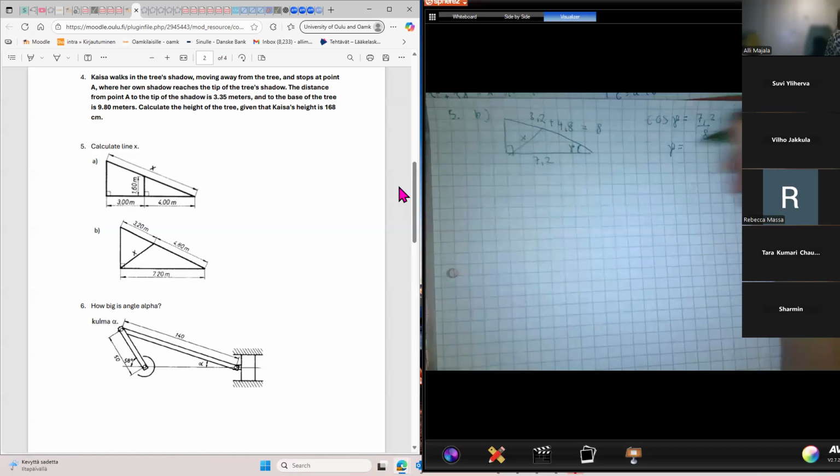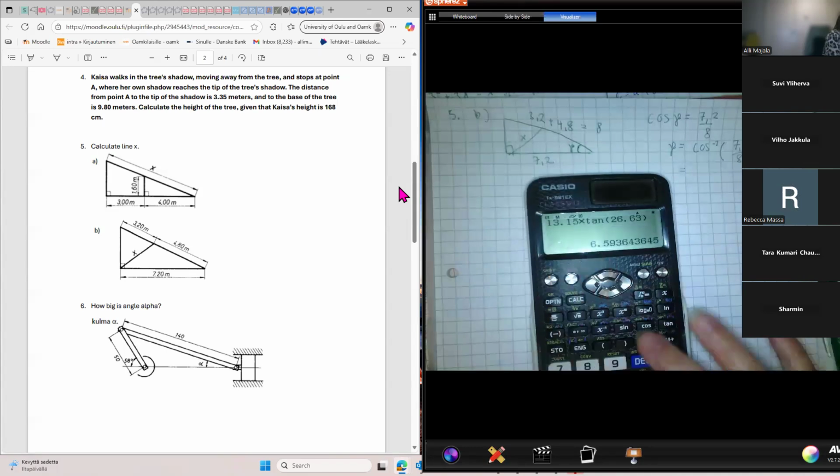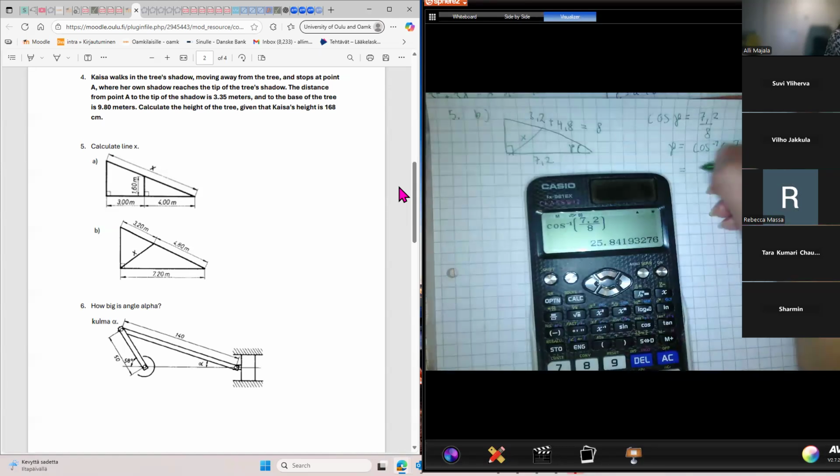And gamma would be cosine inverse of 7.2 divided by 8. Which would be 25.842.